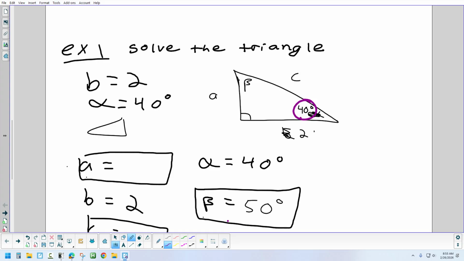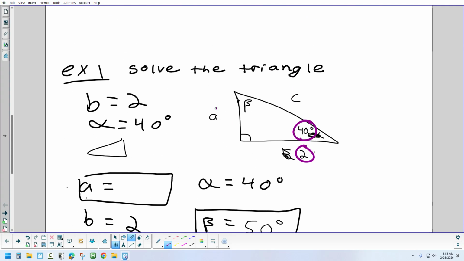So I'm going to circle the two things that were given, the 40 and the 2, and I'm going to circle what I'm trying to find. So there's always 3 things involved: 2 sides and 1 angle. That's how these trig equations always work. So we just said that this side was adjacent.